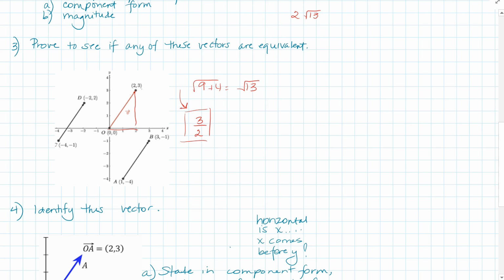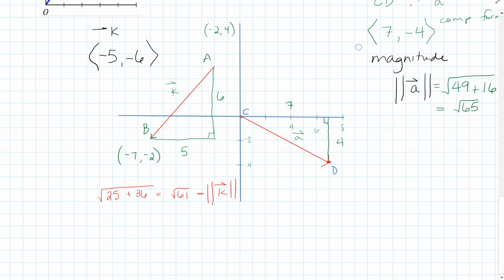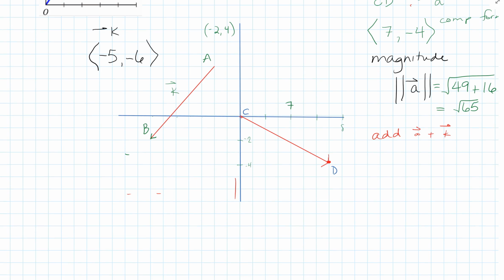But I need to show you one more thing. Let's say that I want to add. If I was told to add those original 2 vectors that we started with, to add vector A to vector K, I can start either way, right? I'm going to start 0, 0 to here. At this point, I'm going to add K to it.